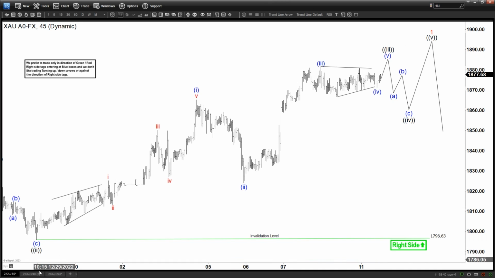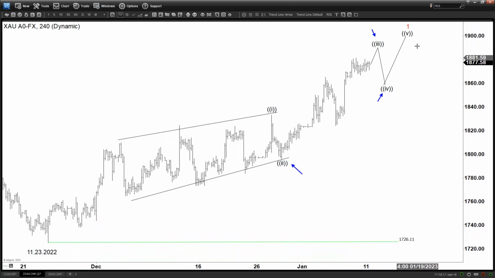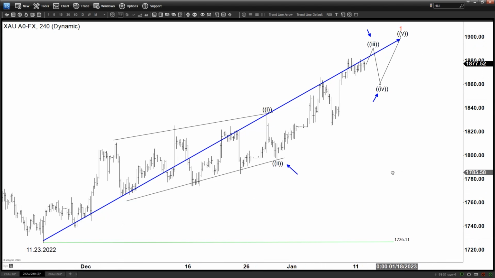That should be ending with 1 right here. And once this 1 is finished, the cycle that is finished is this entire cycle from November. Okay, so once we finish this 1, that should be ending the cycle from November 23rd.